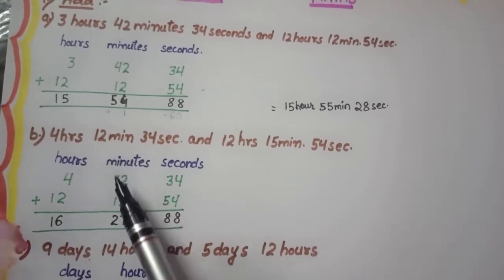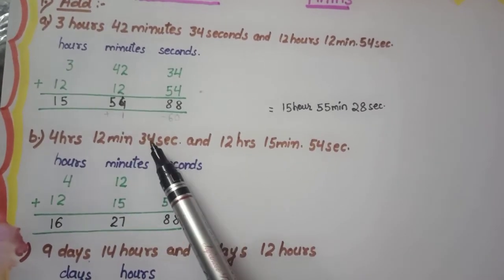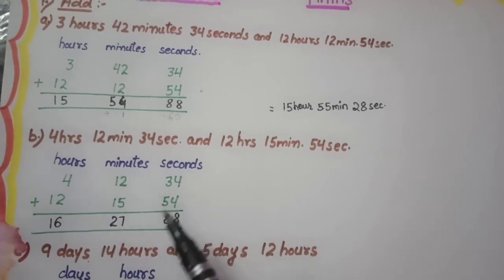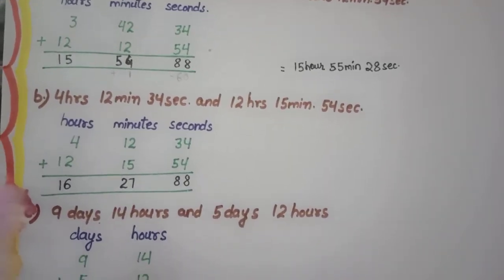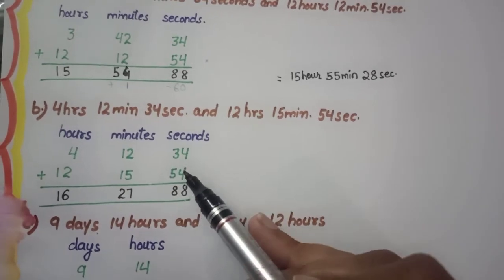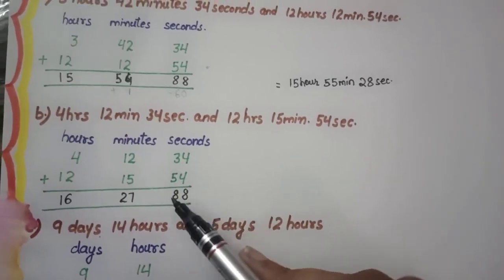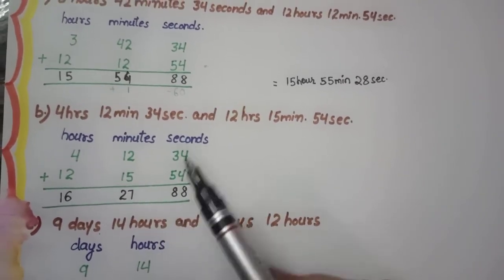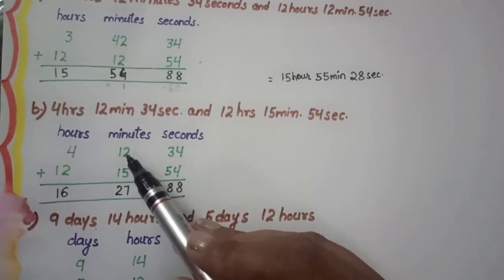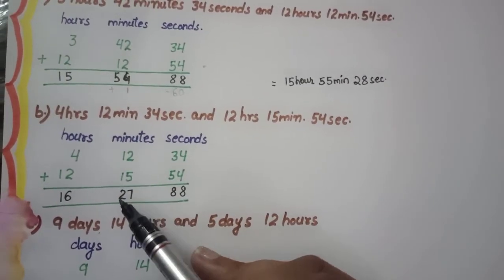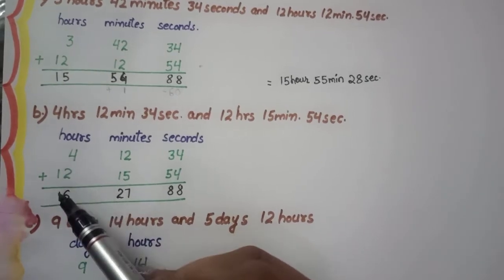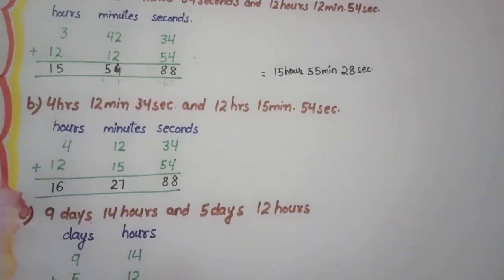In minutes 12 and 15, and in seconds 34 and 54. Now let us add them. 4 plus 4 is 8, 5 plus 3 is 8. Leave it as it is for now. 5 plus 2 is 7 and 1 plus 1 is 2. 4 plus 2 is 6 and 1 we will write as it is.